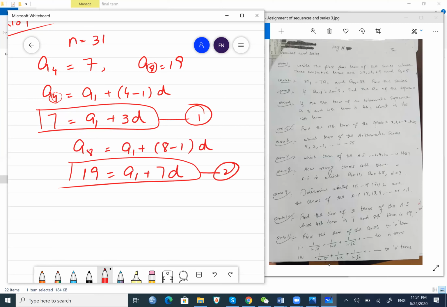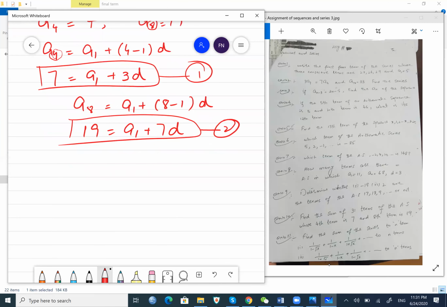So if I solve equations 1 and 2 for A1 and D, I get 7 minus 3D equals 19 minus 7D. So it will become minus 3D plus 7D equals 19 minus 7. So it is 4D equals 12. So D is 3.